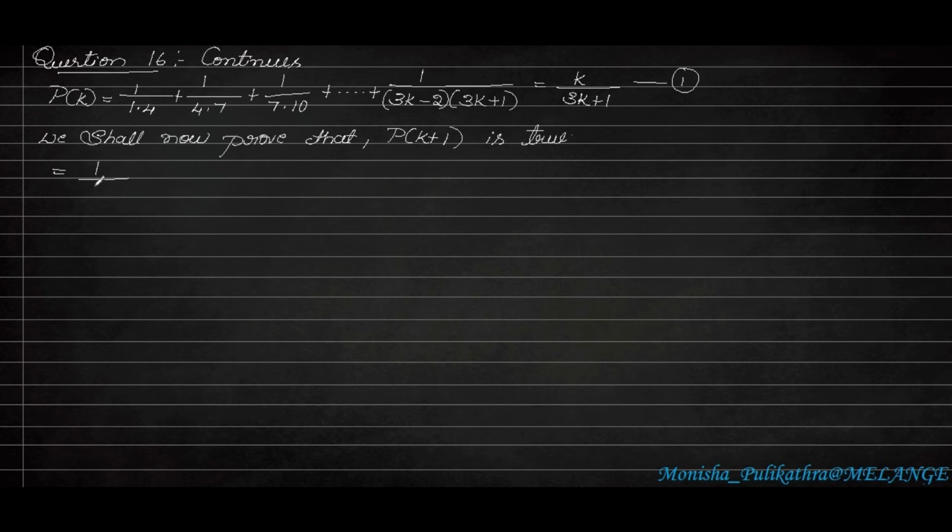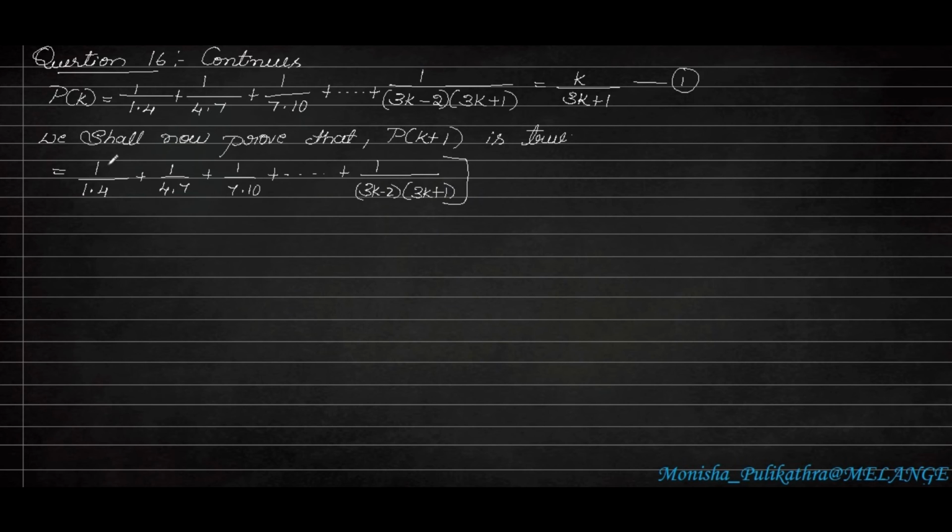So the equation will become 1 by 1 into 4 plus 1 by 4 into 7 plus 1 by 7 into 10 plus etc. plus, so before introducing k plus 1, we have to write the previous term. So this will become the previous one, that is 3k minus 2 into 3k plus 1.